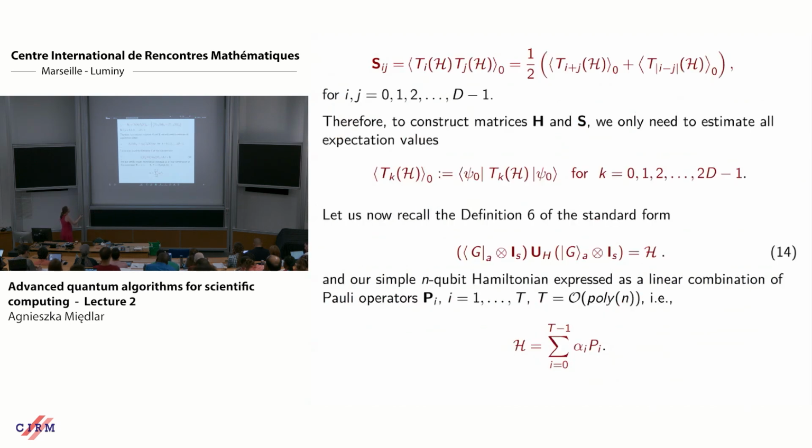If you do the S, it's very similar. So at the end, you will realize that the only thing you have to be able to do to get those two small matrices is to calculate, to determine this object, the expectation value of the evaluation of the kth Chebyshev polynomial for the Hamiltonian. Well, now the question is how to do this, because that's the only thing you need.